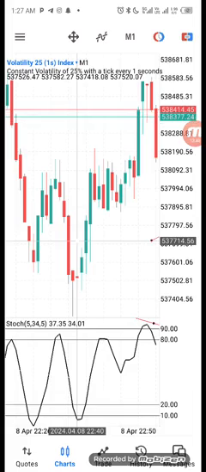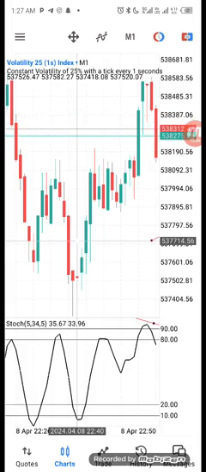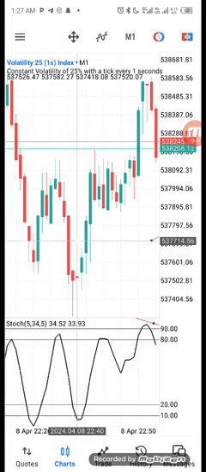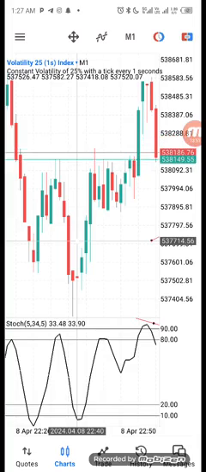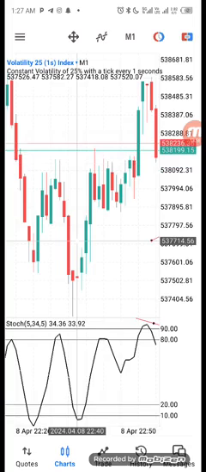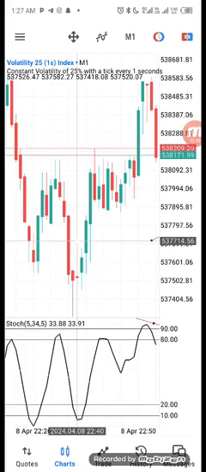All you need to do is understand the candlestick patterns very well. At any point in time when your stochastic line touches the oversold or overbought region, you are able to identify which candlestick pattern aligns with that region.